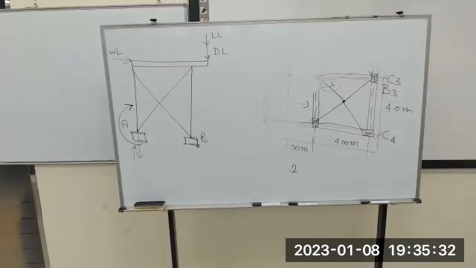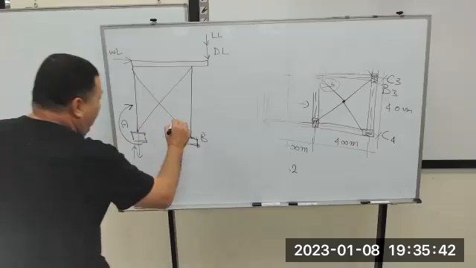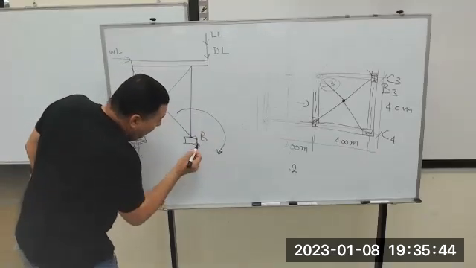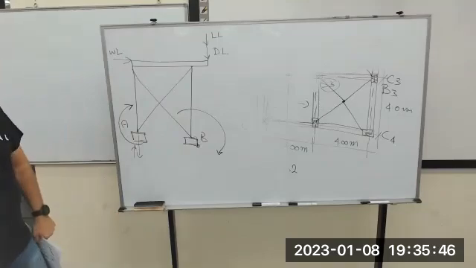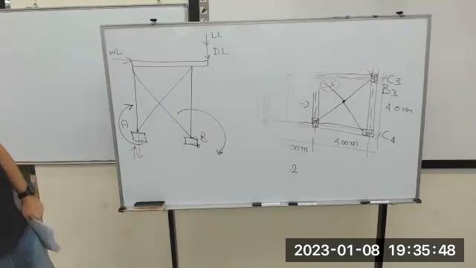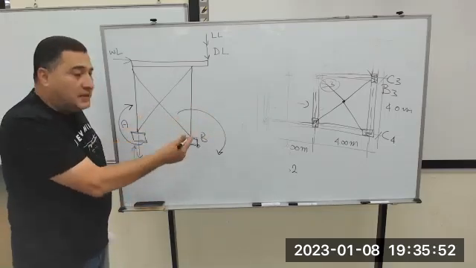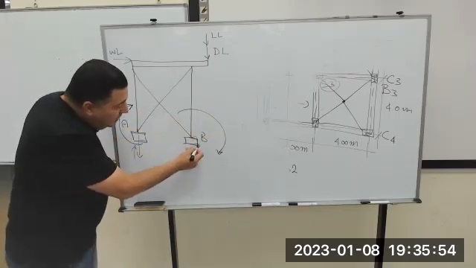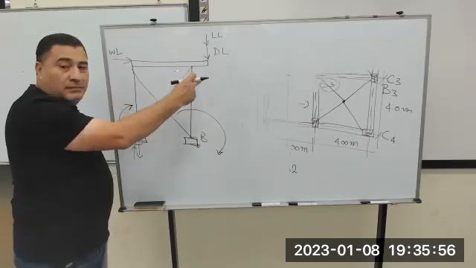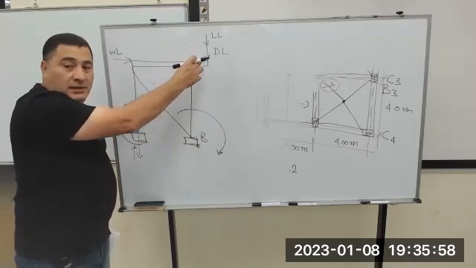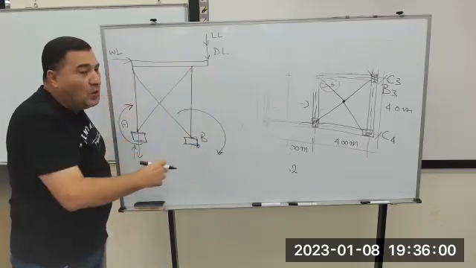That's a moment. That's overturning. This foundation will be overturning. It means the whole system will be overturning around this foot. This foundation is the nearest point to this load.